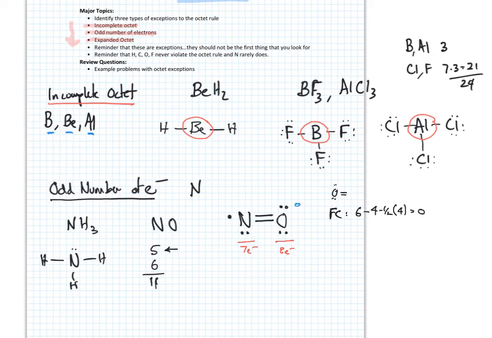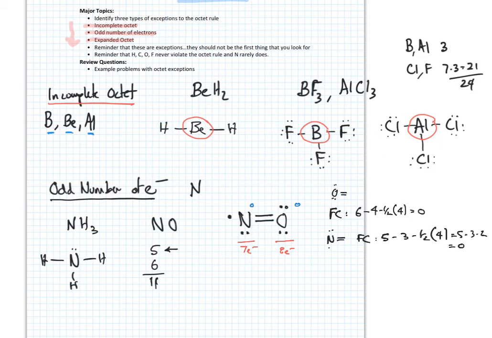Okay, so the formal charge on the oxygen is 0. The nitrogen is a little bit of a weird one: 2 lone pair electrons and a single. So the formal charge on this is 5 minus 3 minus 1/2 times 4. So it's 5 minus 3 minus 2. Oh, that one's also equal to 0.